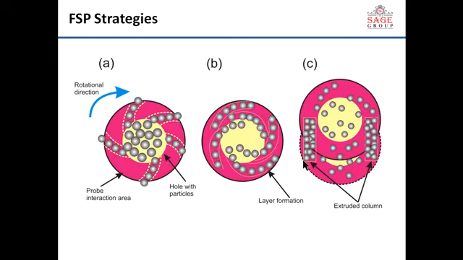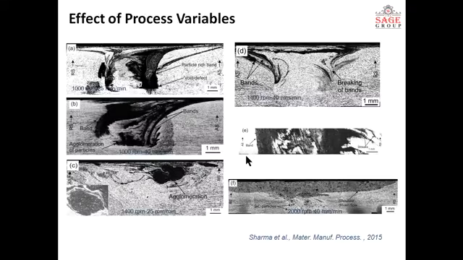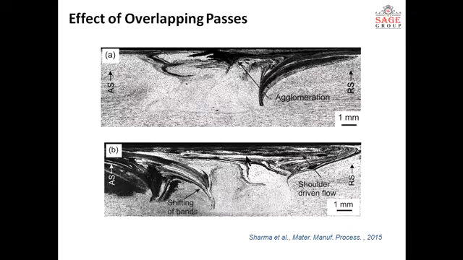This is schematically what happens when we put some particles in a hole and the tool rotates on its axis; they move in that fashion. So this is the schematic presentation of how the ceramic reinforced particles move during processing. These are the micrographs formed by using friction stir processing.